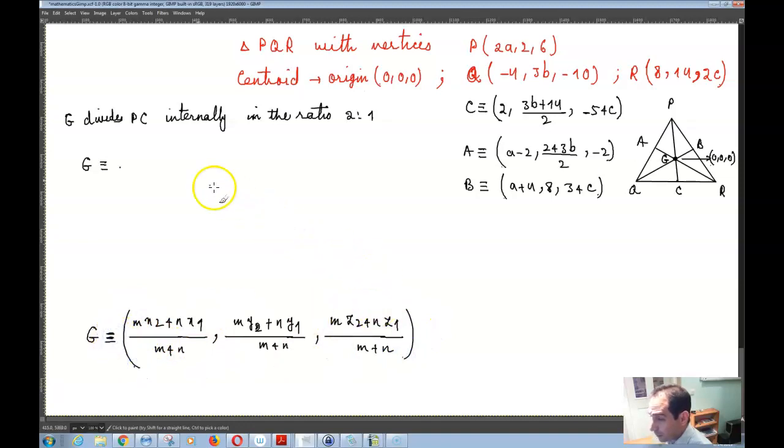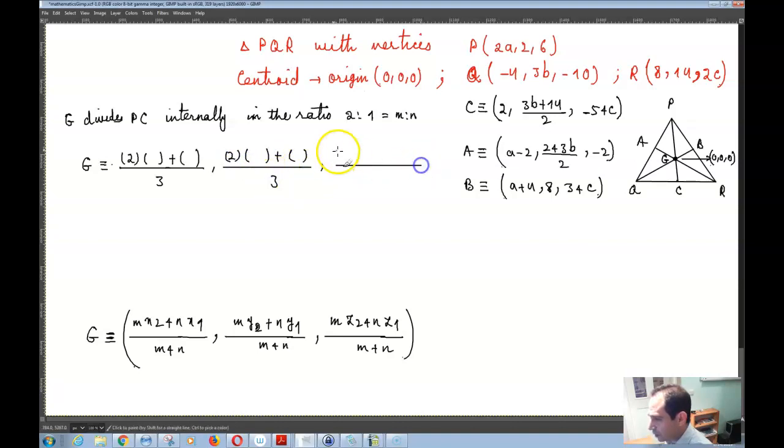So M is equal to 2, so 2 times something plus 1 times some other quantity divided by m plus n, which is equal to 3. Again, the same thing for each coordinate: 2 times some quantity plus some other quantity divided by 3.